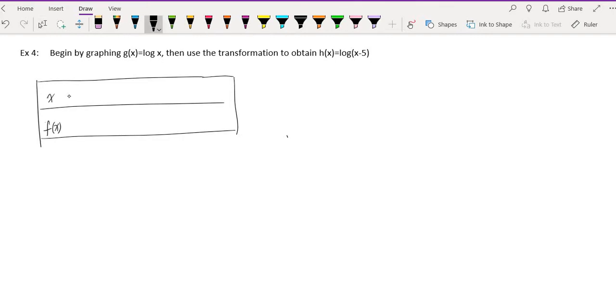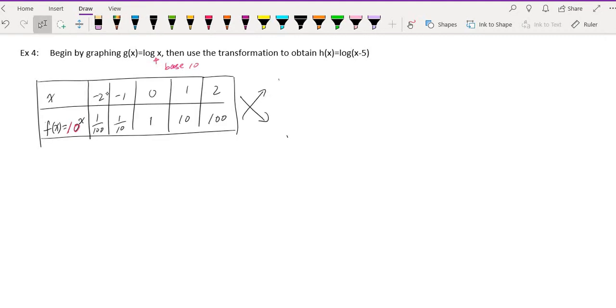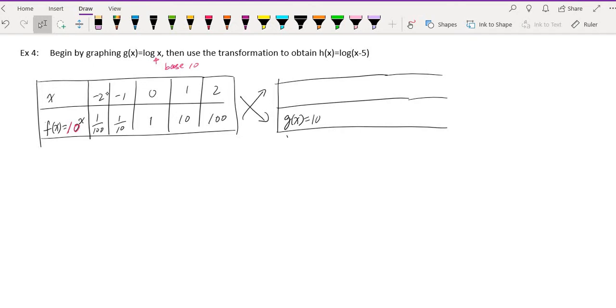We have to graph the common log first. So we know the base is 10, which means we have to graph the exponential function first. We're going to plug in a couple points. You can take your time to do this. And then once we have this, we're going to switch the ordered pairs. So we're going to have our g of x just going to be our log x.